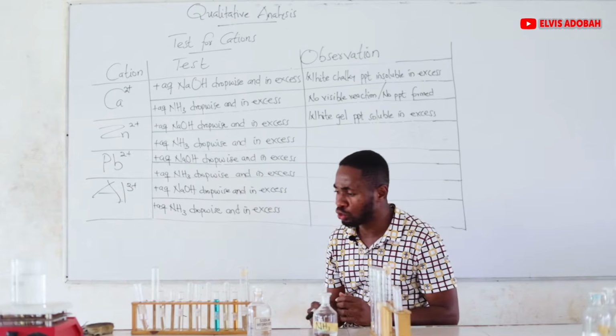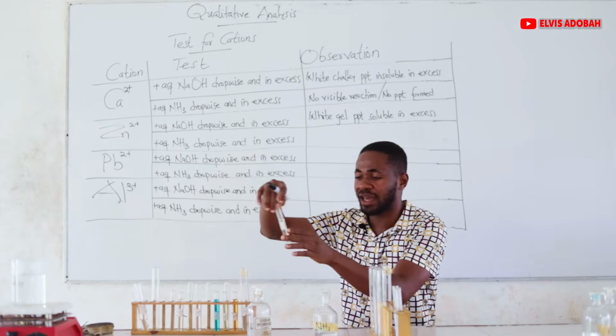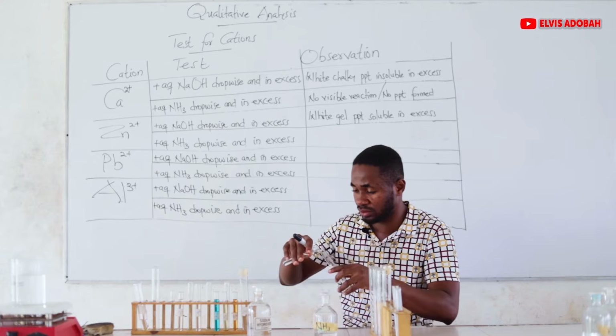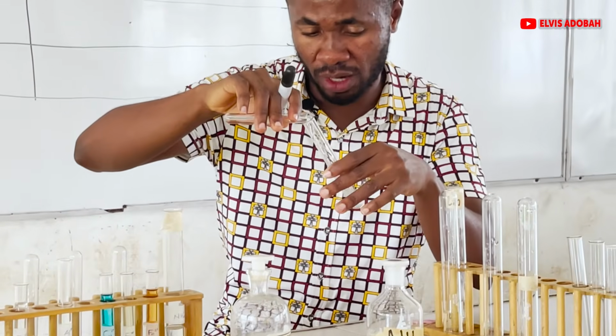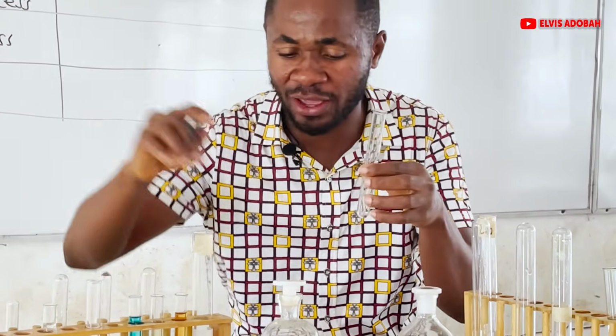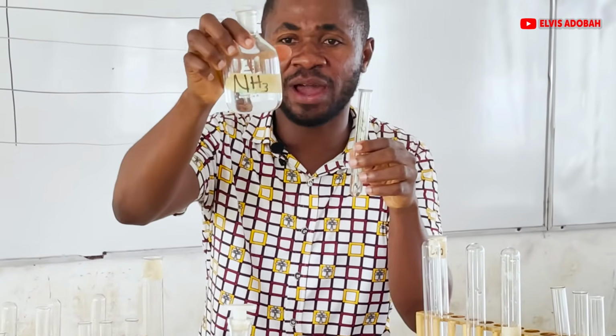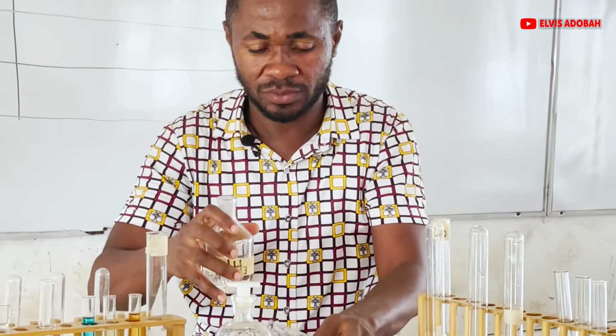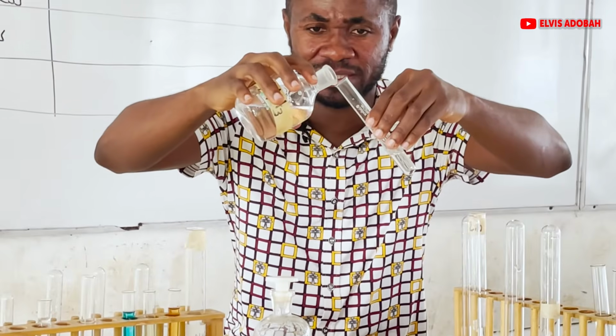Let's move on to our second test, this time with aqueous ammonia. So I take a small sample of the Zn2+ ions. I take my aqueous ammonia. Then I add it dropwise.